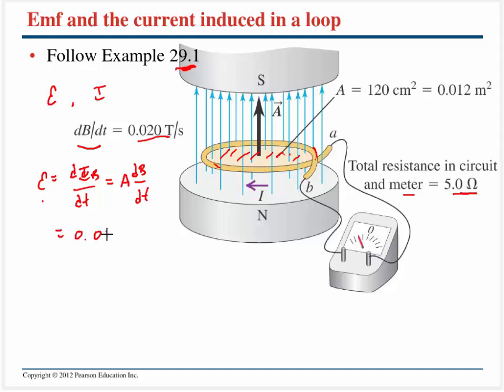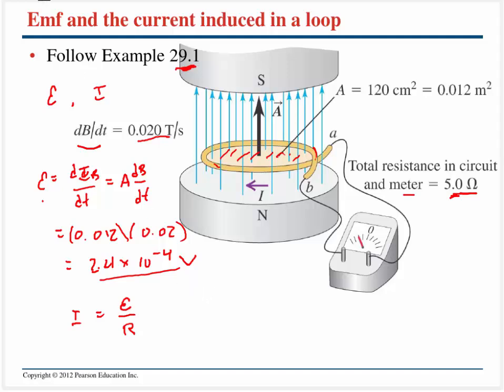So 0.012 square meters multiplied by 0.02 Tesla per second gives us our EMF, which is 2.4 times 10 to the negative 4th volts. That's the induced EMF, and then the current is just equal to the induced EMF divided by the resistance given right here.